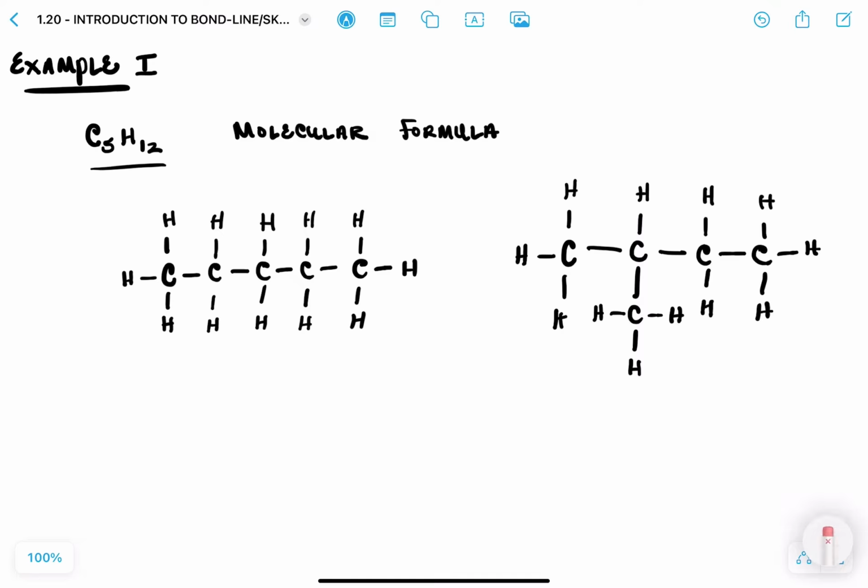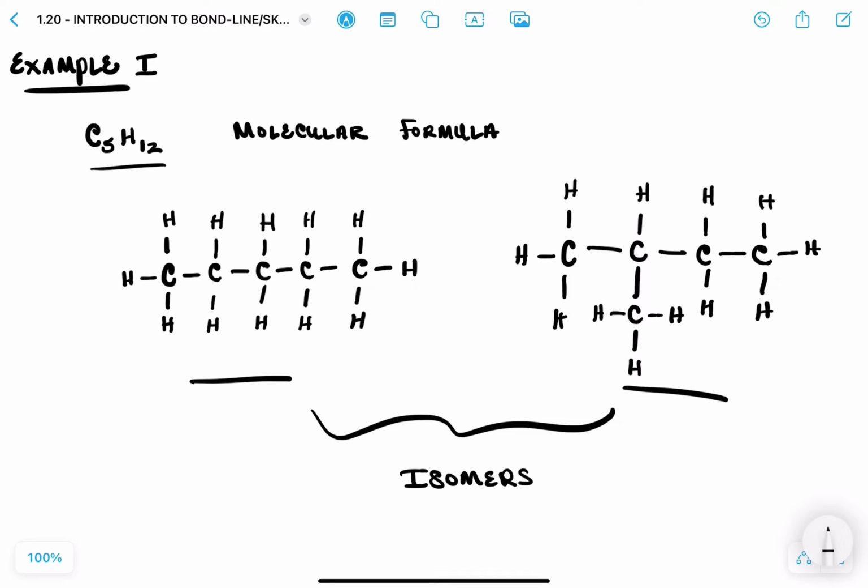Those are the hydrogens on the terminal carbons, and then 11 and 12. So these would both be C5H12. The relationship between these two is called isomers: same chemical formula, but different connectivity. We've talked about isomers in an earlier video.